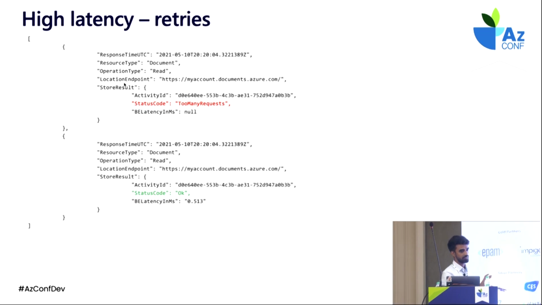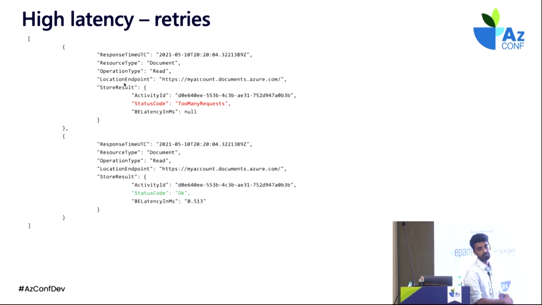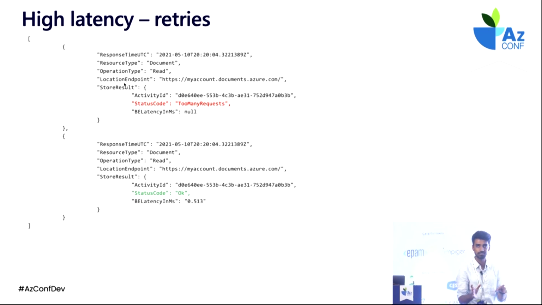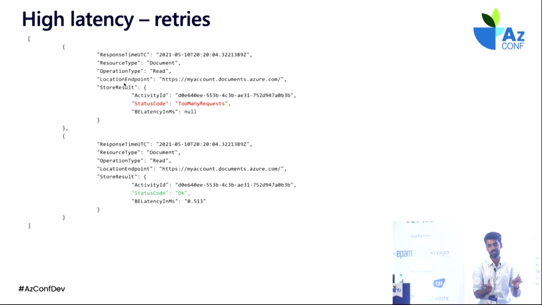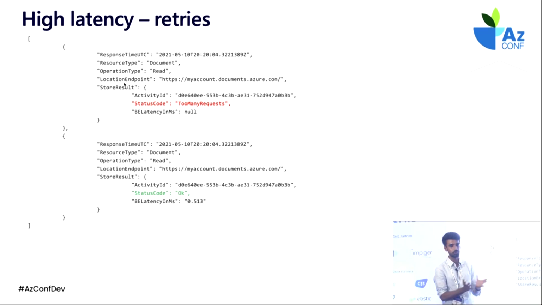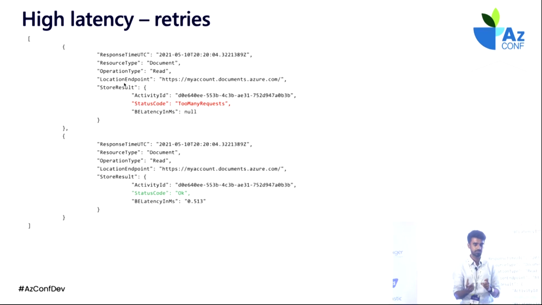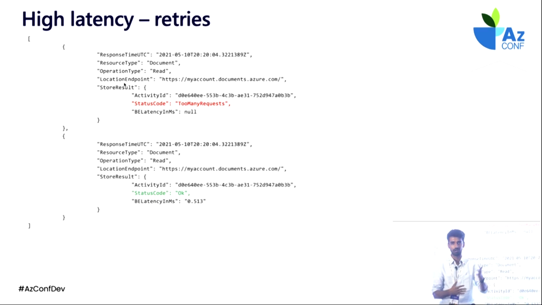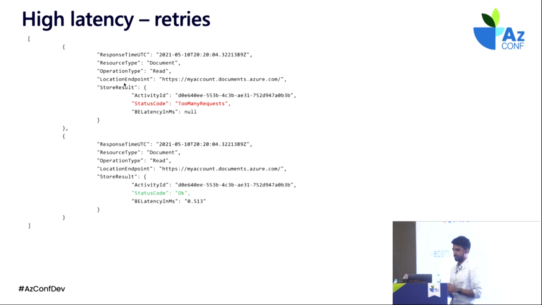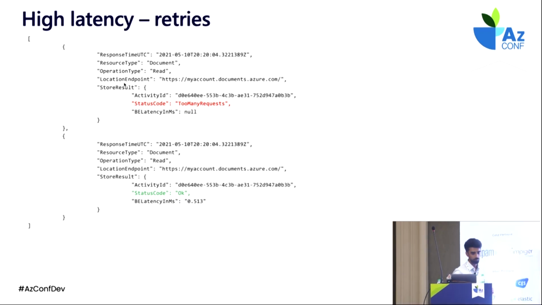But even if the retries fail, then there is something fundamentally wrong in your account setup configuration, or you might have configured the wrong partition key, which is not suitable for your data model. So you need to rethink and improve the partition key, and if that also doesn't work, increase the RUs in order to perform all those requests. So that is another thing that I wanted to cover.